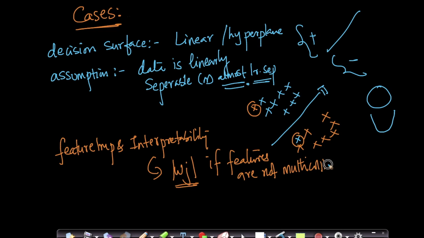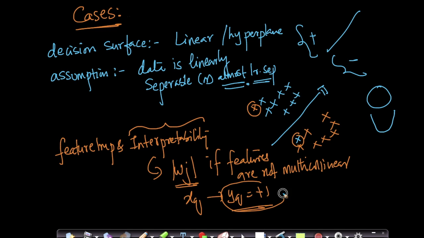Of course, if they're collinear, our only option would be to use a forward selection method or something like that. And interpretability is also very good because I can take the most important features and say, given an XQ, I'm giving a class label of +1 because of the features which are most important. I can just use the top 5 features or top 10 features and give an explanation on why I gave a positive class label or a negative class label, right?